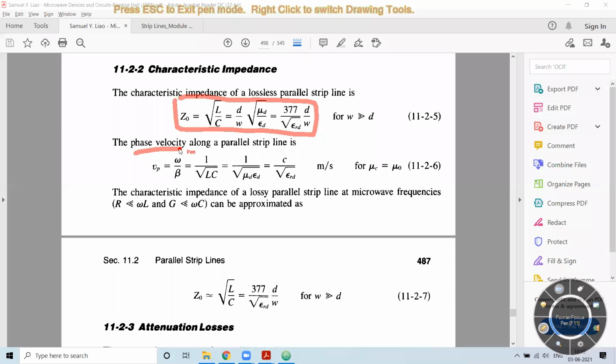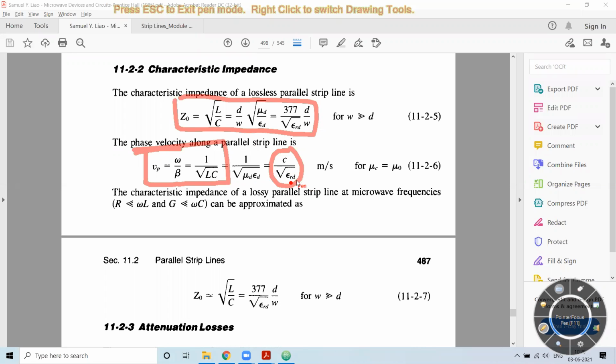And if I want the phase velocity for the parallel strip line, I can make use of this equation, that is Vp is given by omega by beta, or it is also equal to 1 by square root of LC. And when you make the substitution, you will be able to simplify the equation as given here, that is C divided by square root of epsilon rd.